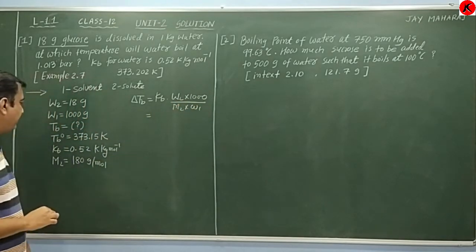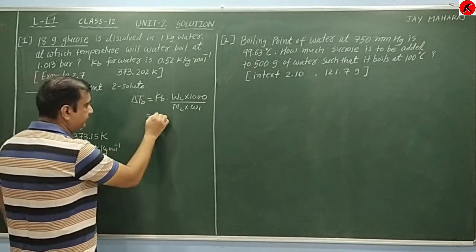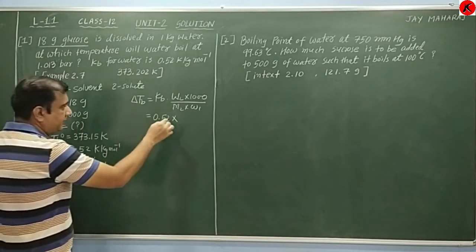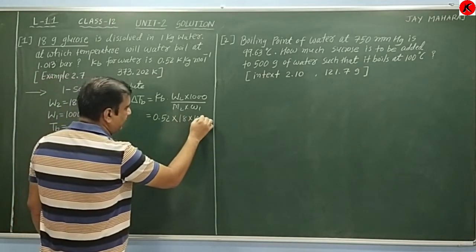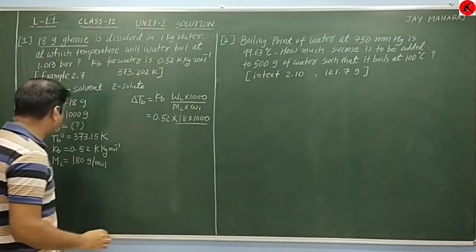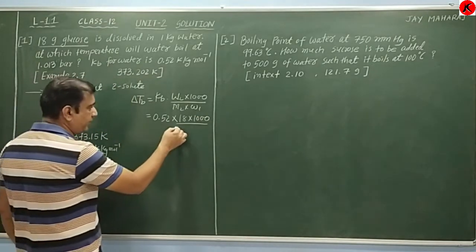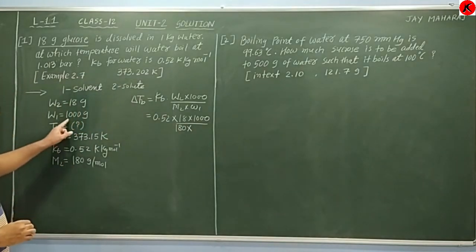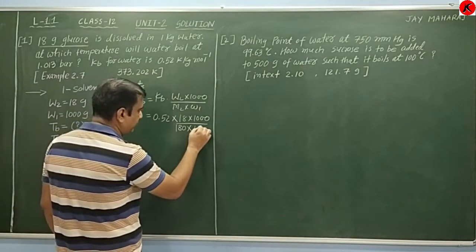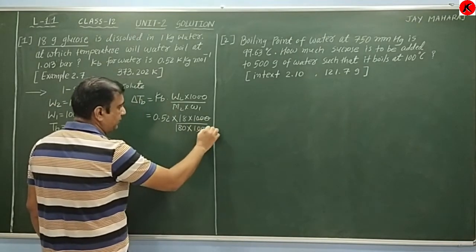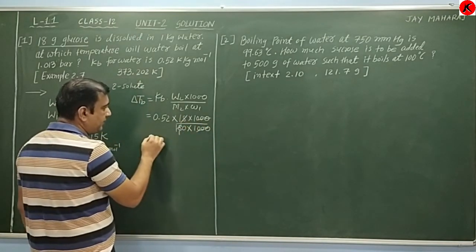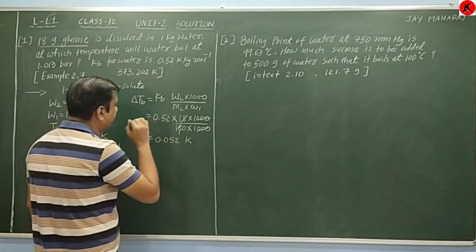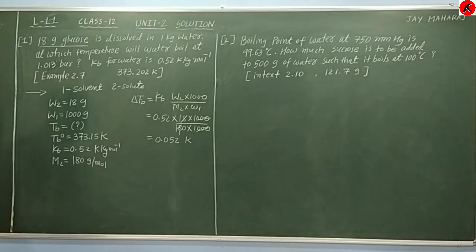Value of Kb is 0.52, W2 is 18 into 1000 divided by M2, the molar mass of solute is 180, and W1, the mass of solvent, is 1000 gram. Cutting 1000 by 10 gives 0.052 Kelvin. That is delta Tb.